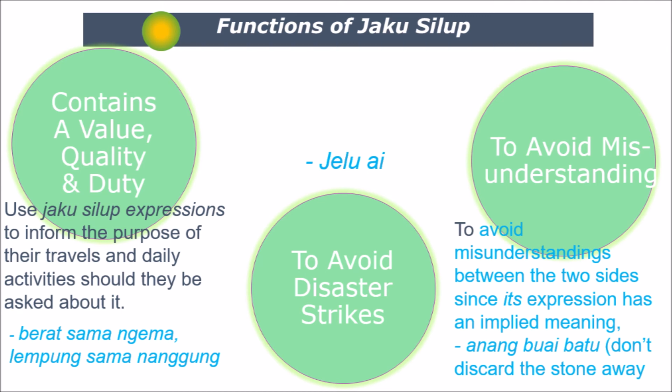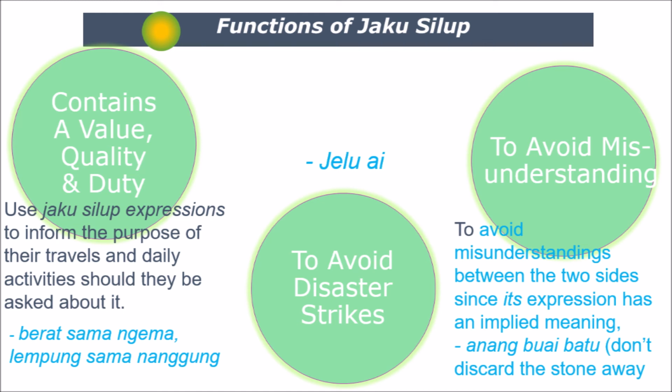Number two, it is to avoid disaster strike, like what I have just said. Number three, it is used to avoid misunderstanding. In order to avoid misunderstanding between the two sides, the expression has to have an implied meaning.